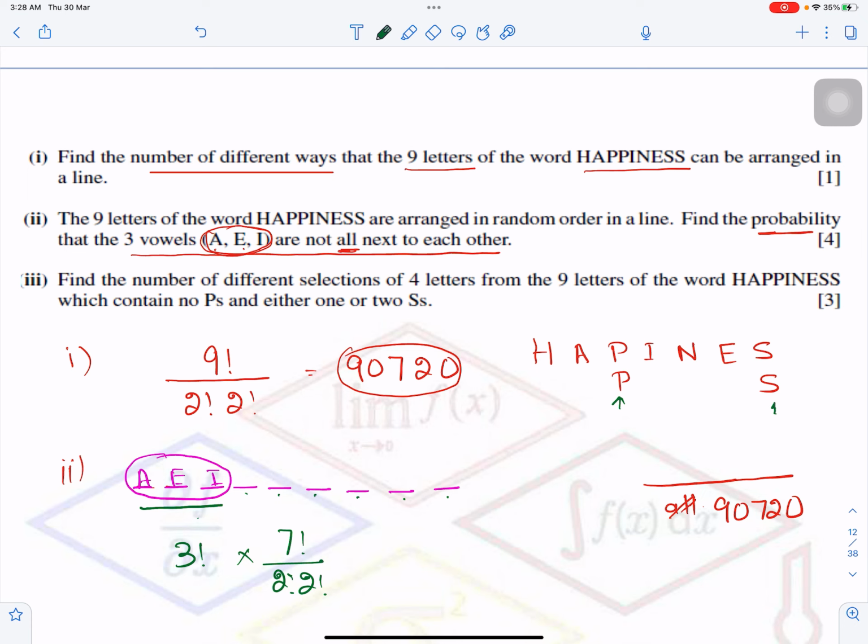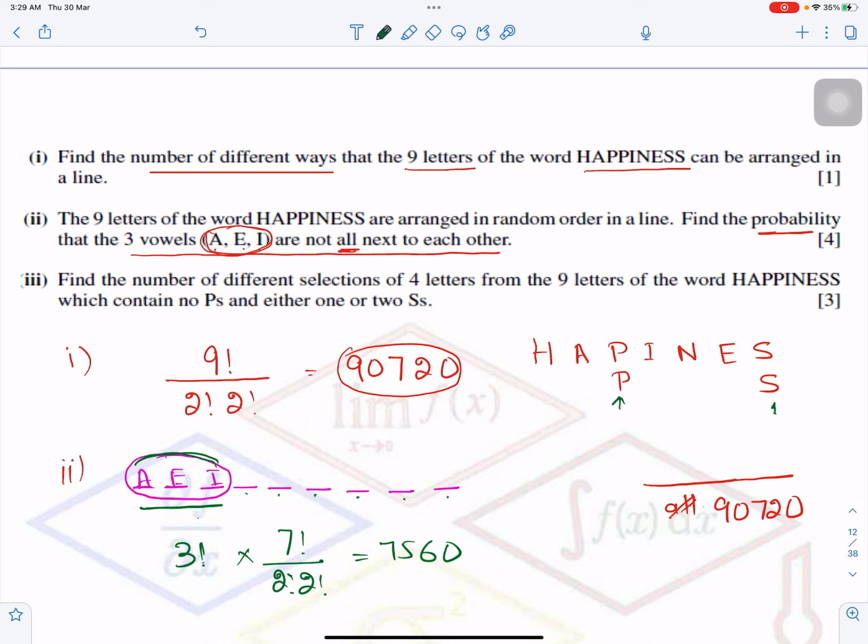It is because the three letters within the block can move or change their places. So that's why this is 3 factorial. So the answer of this, let me use the calculator, is 7560. So what is this number representing?